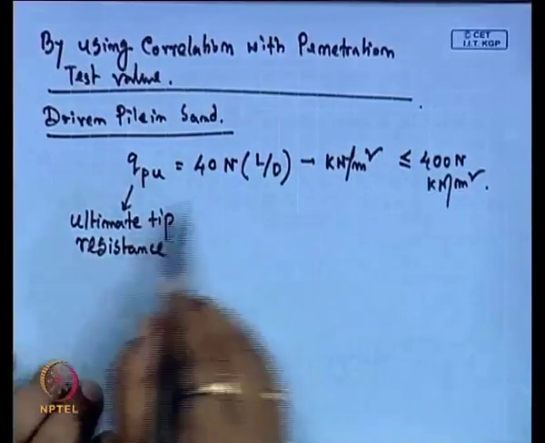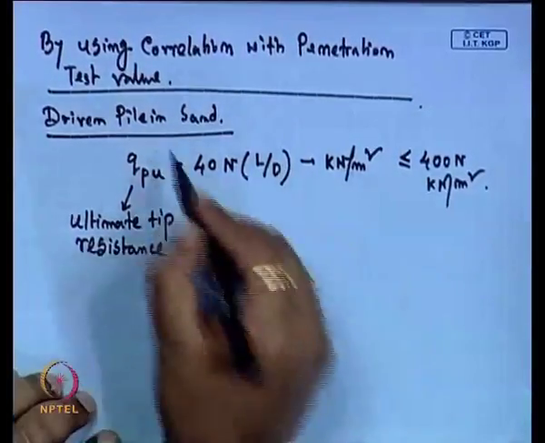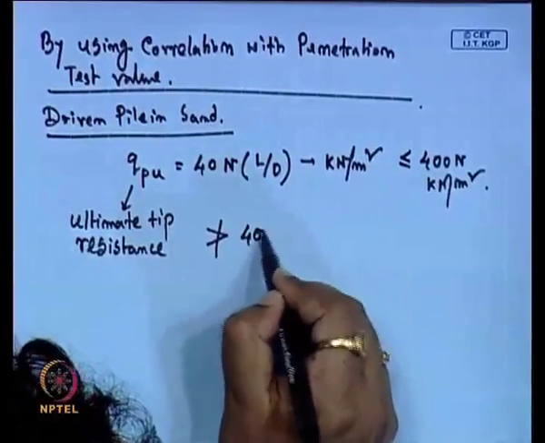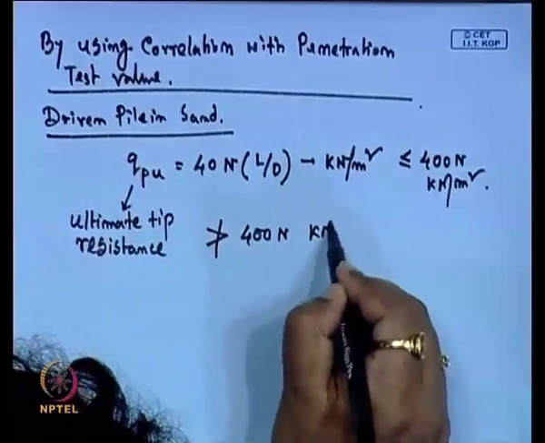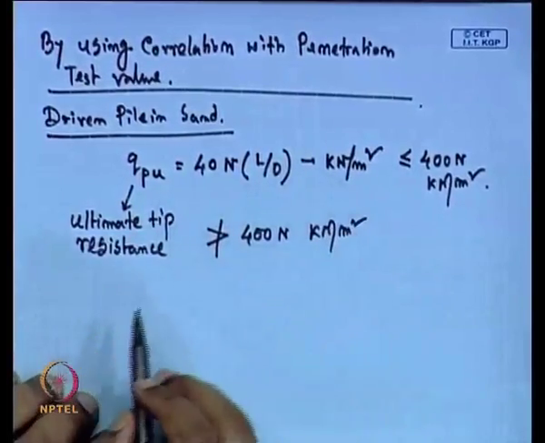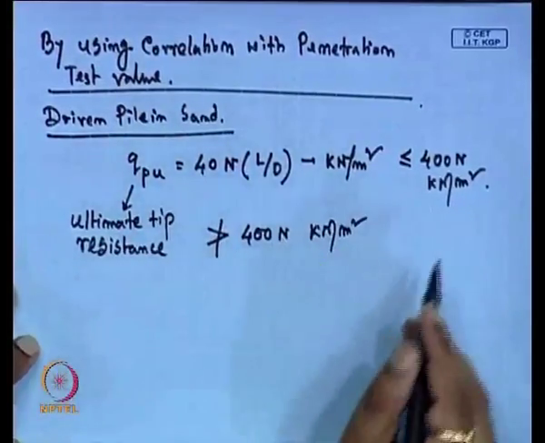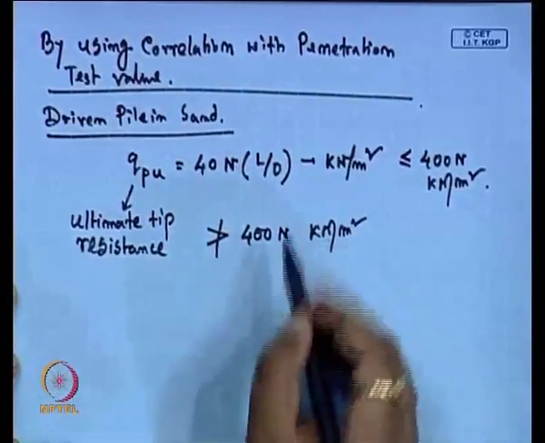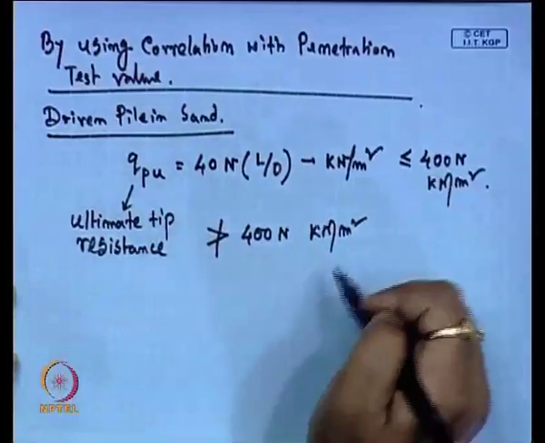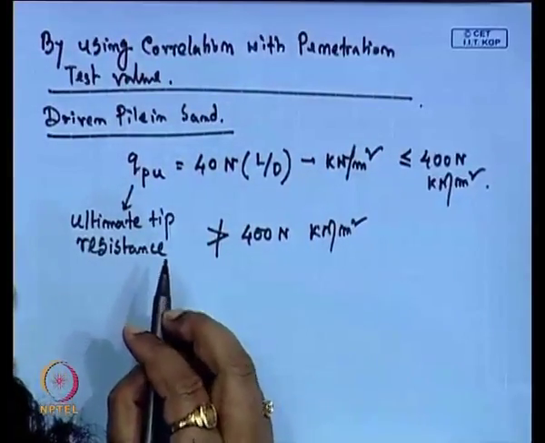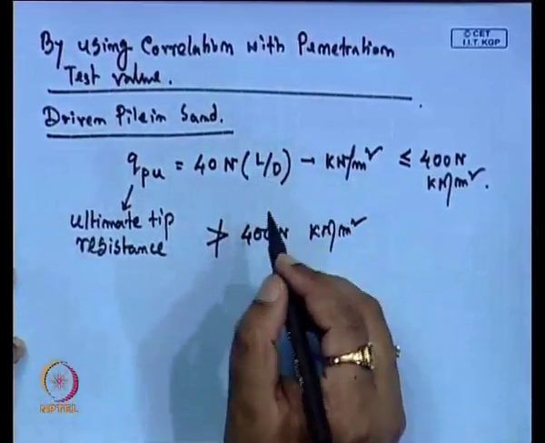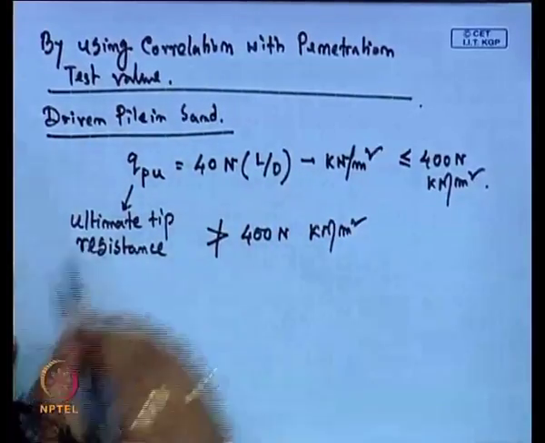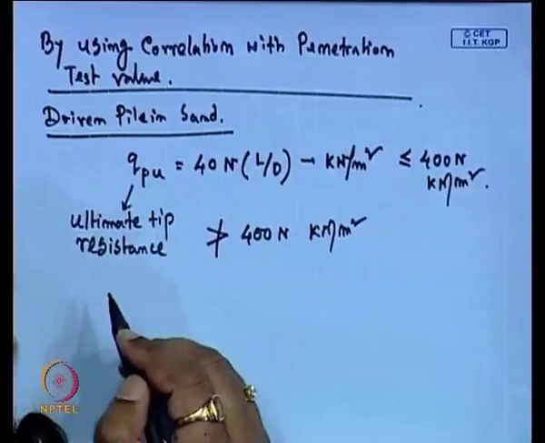That means Q P U cannot be greater than 400 N kilonewton per meter square. If it is coming more than that, then you have to consider 400 N kilonewton per meter square. So this limits it to this value, which is the ultimate tip resistance.